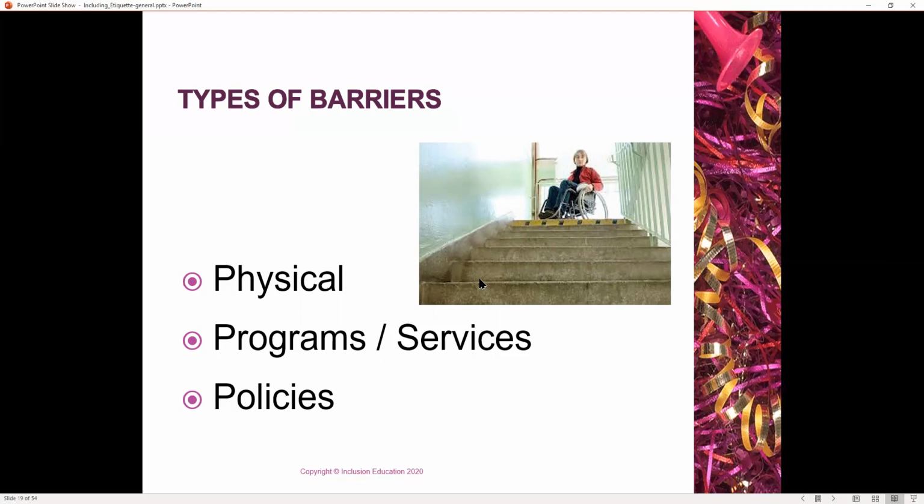So I guess a good way to explain what a barrier in programs and services is, let's say, scheduling. We'll use this webinar for an example. Although we have it scheduled to be together live at a certain time, there are some people who have disabilities that this particular time of day is not good for them.